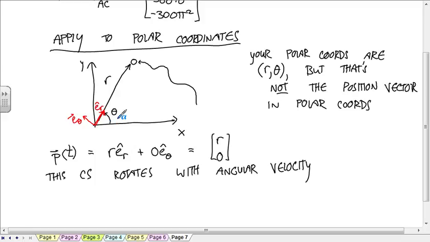Well, its angular position is theta, so its angular velocity is theta dot, and that's in a third perpendicular axis. So I'll think of that as (0, 0, theta dot).